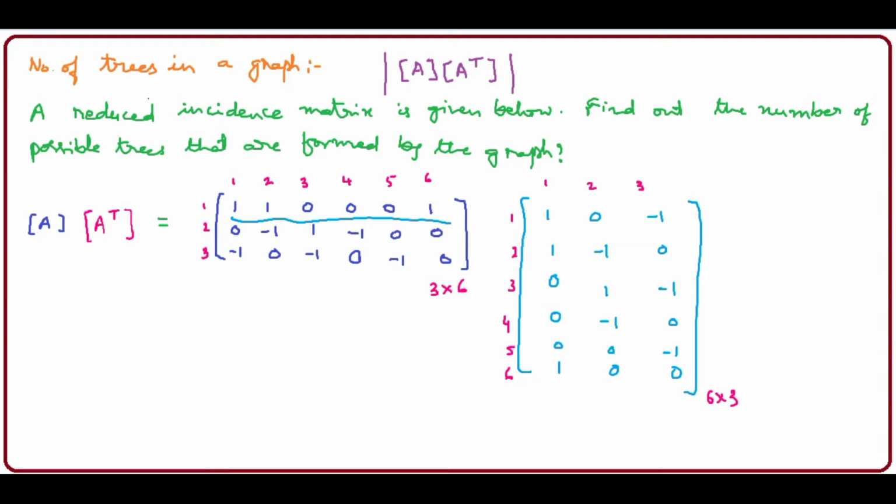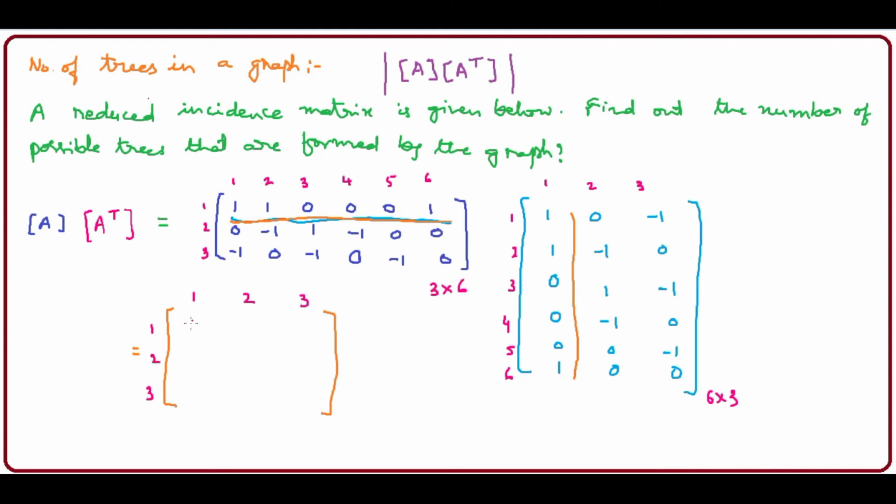Please understand this part. Matrix multiplication is very easy. We consider the row of the first matrix and the column of the second matrix, multiply them correspondingly, and later add them. First we have the 3 by 3 matrix, with rows 1, 2 and 3 and columns 1, 2 and 3.